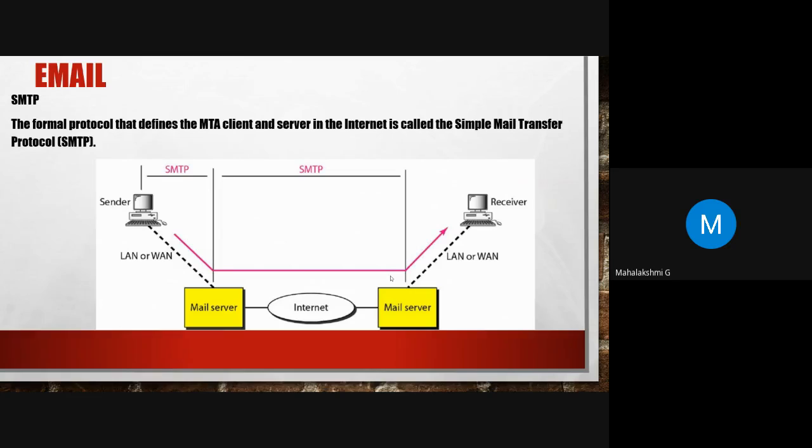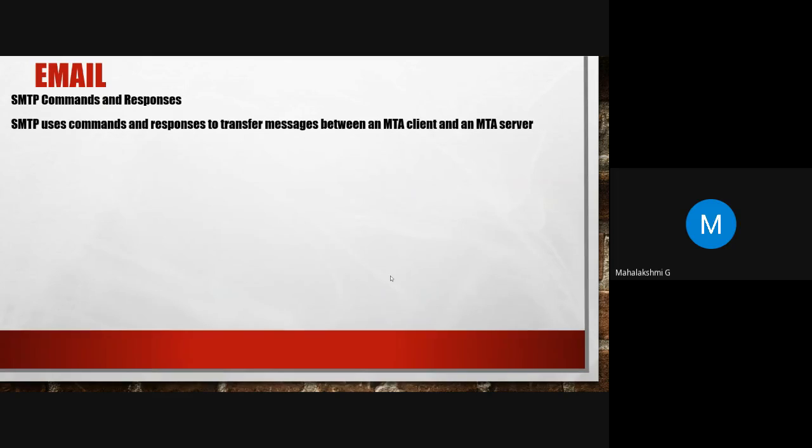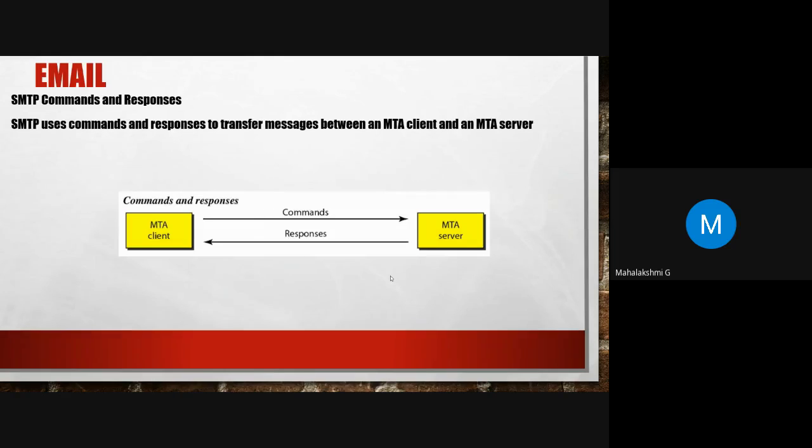SMTP simply defines how commands and responses must be sent back and forth. So SMTP uses commands and responses to transfer messages between an MTA client and an MTA server. Each command or reply is terminated by a two-character end-of-line token: one is carriage return and the other one is line feed.